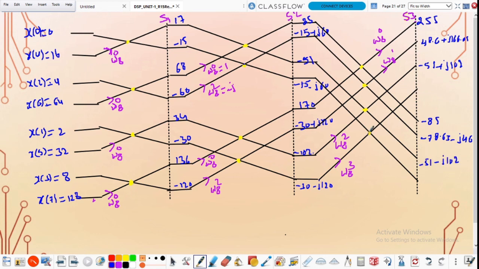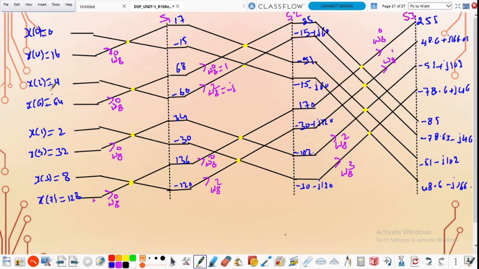And using this butterfly node, calculate the corresponding output values. This output value is minus 78.6 plus j 46.05, and this output value is 48.6 minus j 166.05.